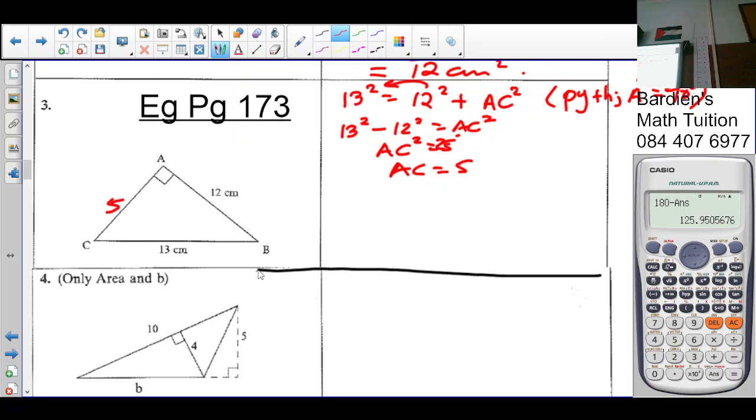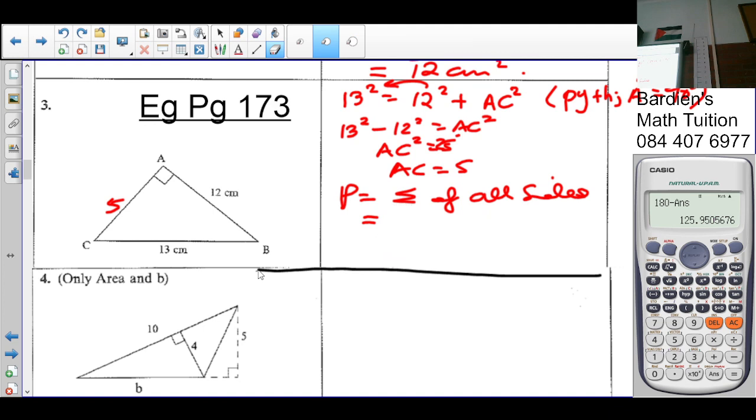You all agree with that? Now let's look at the perimeter. Perimeter is going to be the sum of all sides. The sum of sides. So what is that going to be? It's going to be 5 plus 12 plus 13.